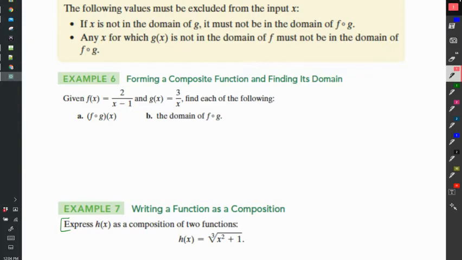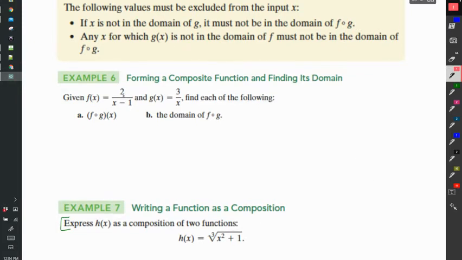Example 6, we're going to form a composite function and find its domain. And this can get a little messy, so we're going to write down a couple steps here, okay? So finding the domain of composite functions. And it's really actually 3 easy steps.